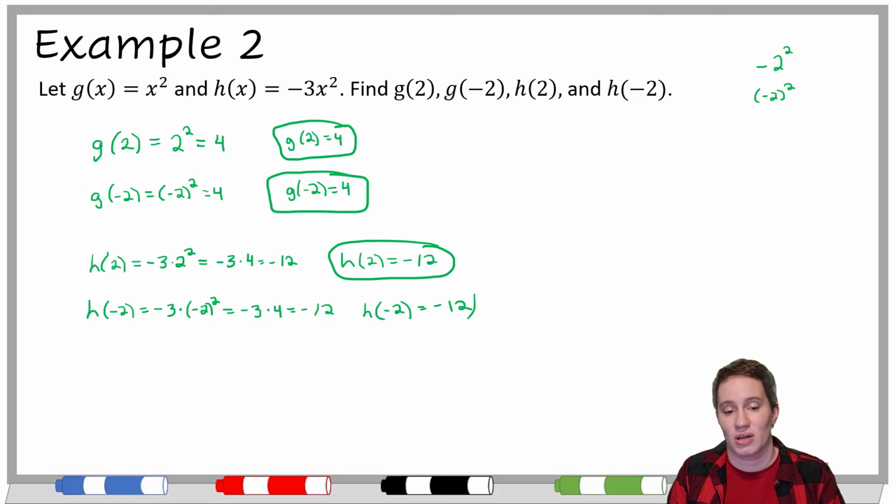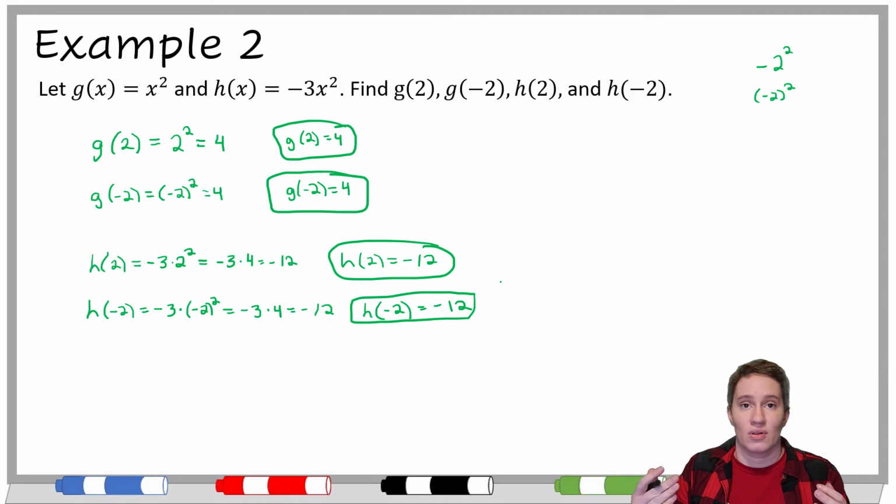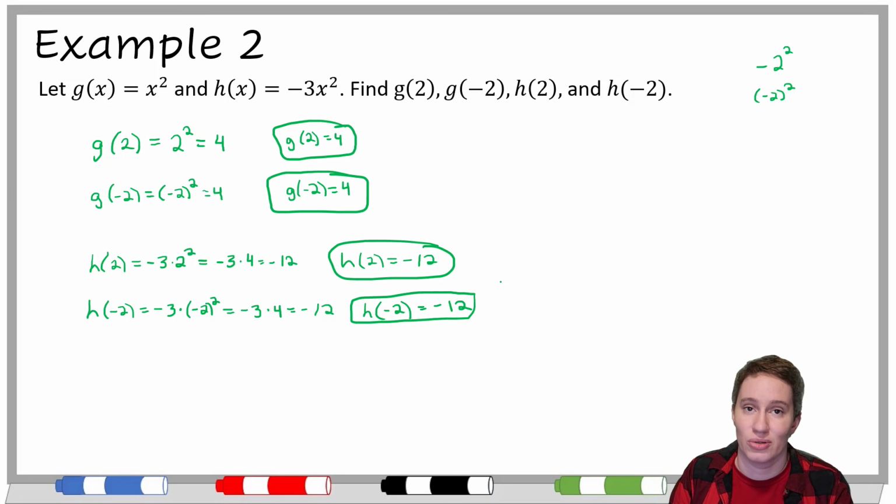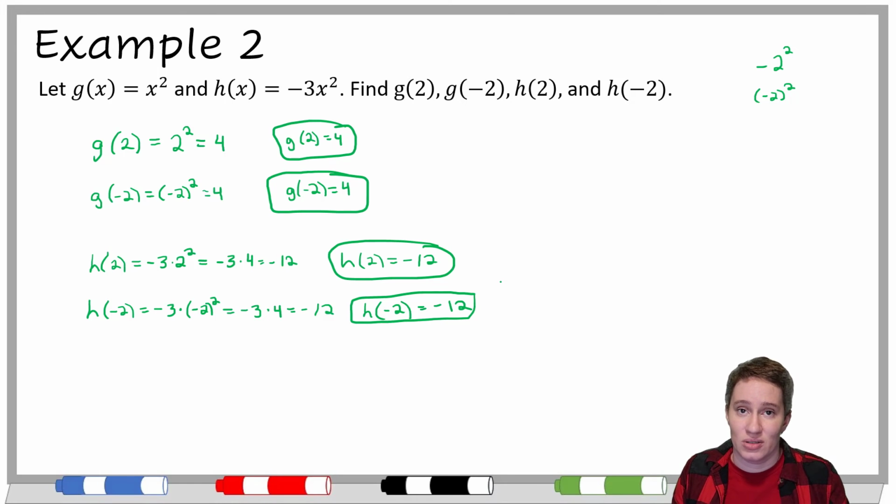Now remember we talked about that in functions, every input has a unique output. Has exactly one output, actually. So even though for g of 2 and negative 2 we got 4 for both of those, what matters is that g of 2 only gave us one answer and g of negative 2 only gave us one answer. You might be wondering, how would I even get 2 answers if I had an equation?